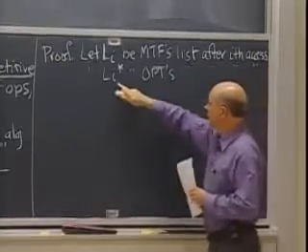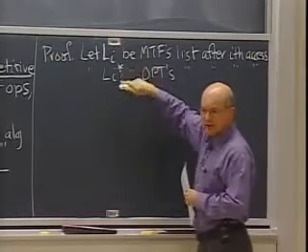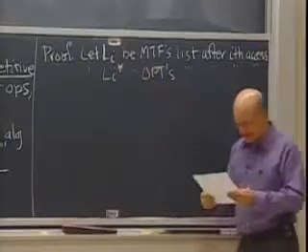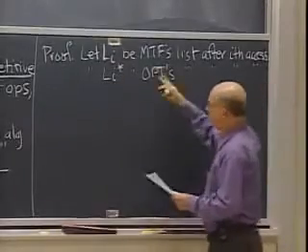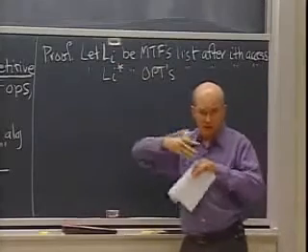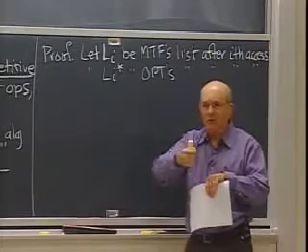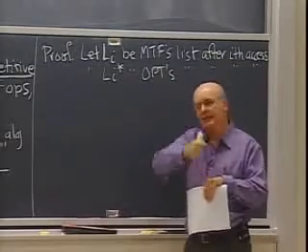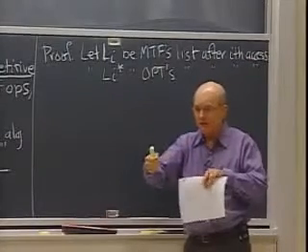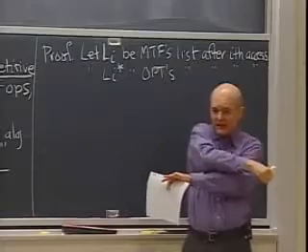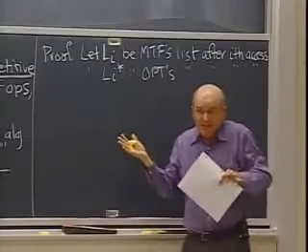Generally, I'll put a star if we're talking about OPT and have nothing if we're talking about MTF. So we set it up where we have an operation that transforms list i minus 1 into list i. That's what the ith operation does. Move to front does it by moving whatever was accessed to the front, and OPT does whatever OPT thinks is the best thing to do.